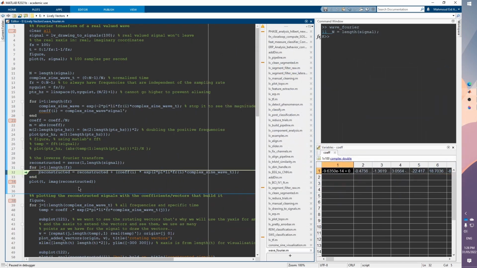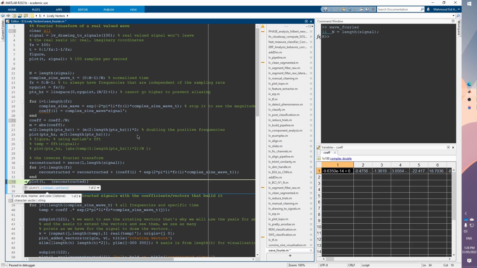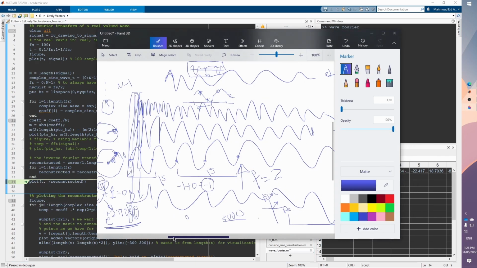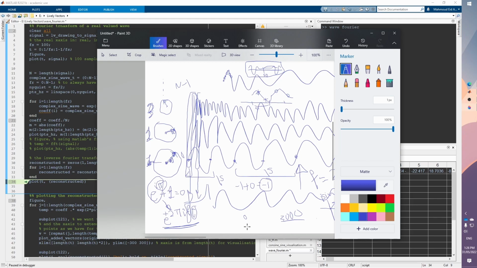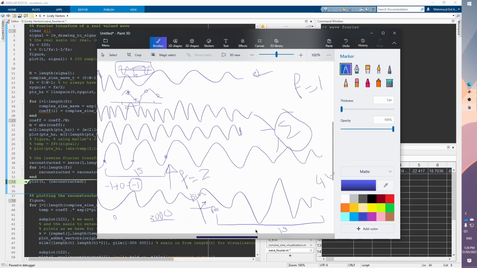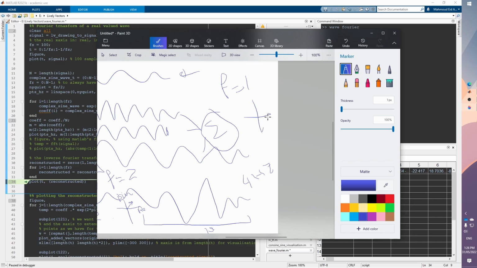And let's look at this. When it ends, we can either look at the real part or the imaginary part, but of course our signal was real, so it's a real-valued signal. We don't really have an imaginary part. If we have a real and imaginary axis like this, then our signal is not leaving the real axis because there is no imaginary value.